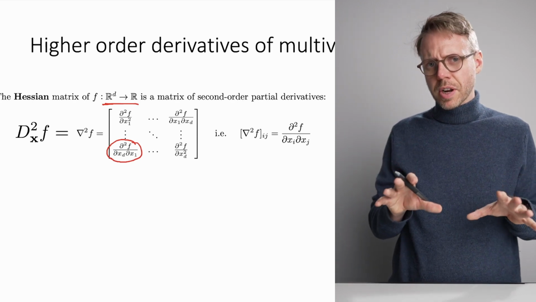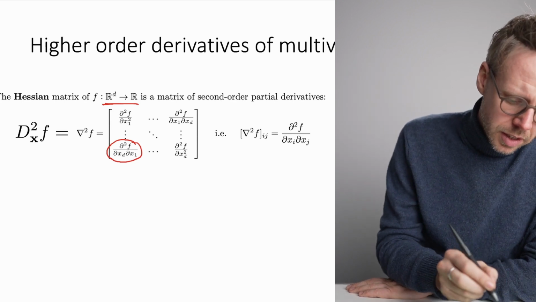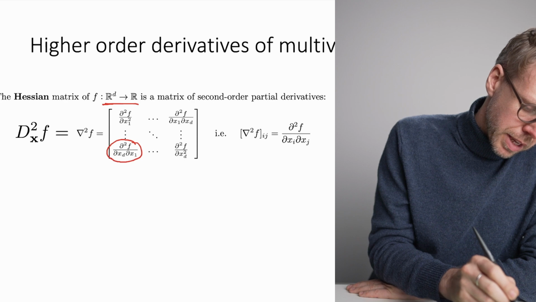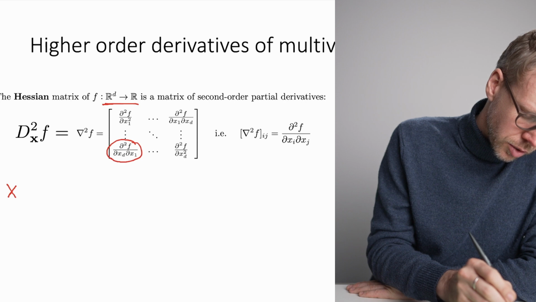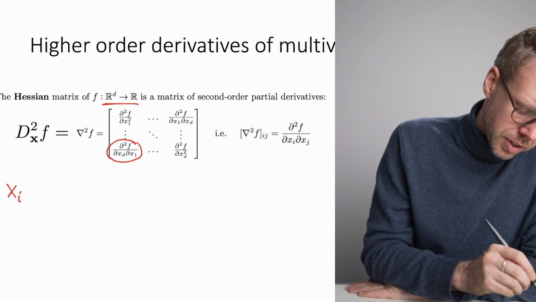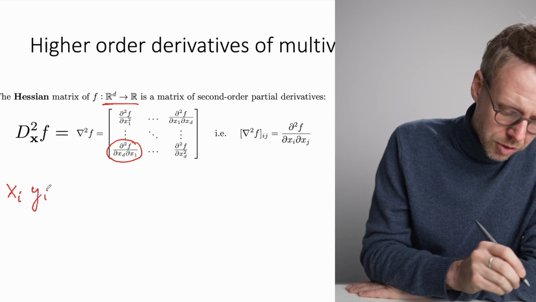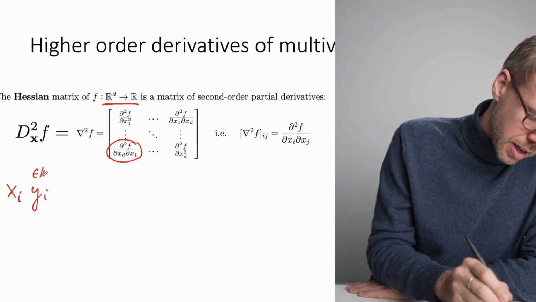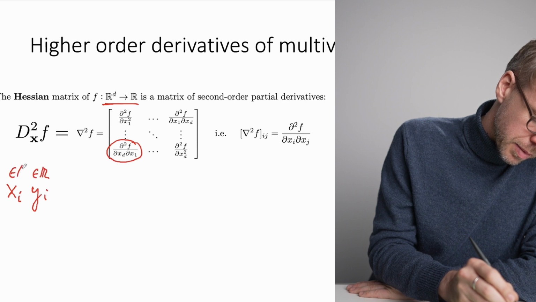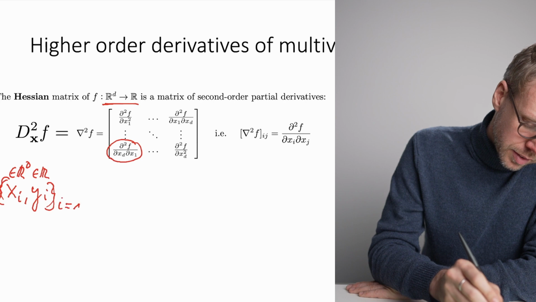Let's look at linear regression as an example. In linear regression, we are given some pairs of vectors xi for the ith sample and values yi. So we have continuous values yi, which are elements of R, and these xi are elements of Rd, and we have a total of n of these, so i goes from 1 through n.